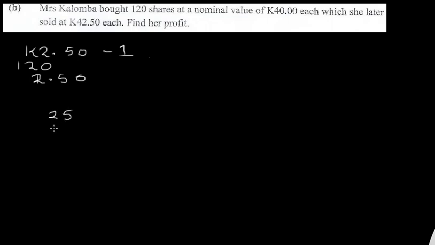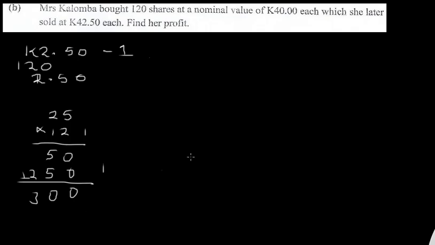Or to make our work easier, we can simply say 25 by 12, right? And this would give us 300, and we had a 0 here and 1 decimal place here.